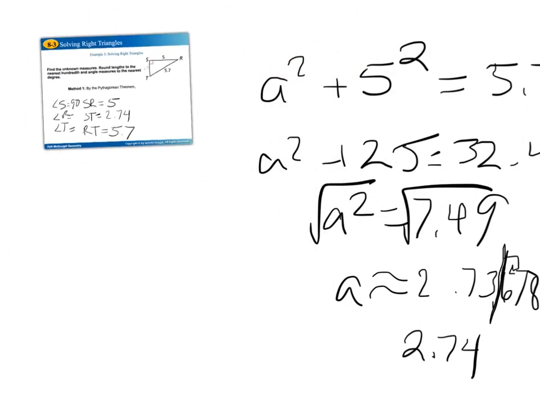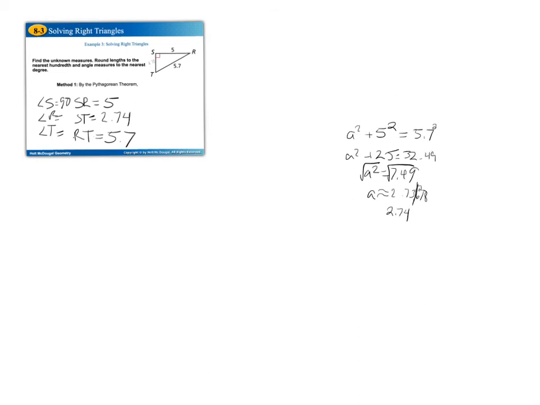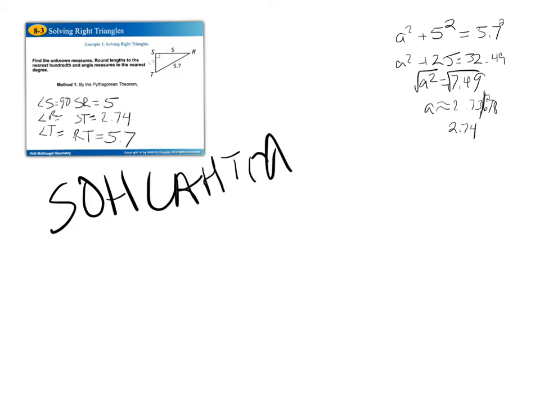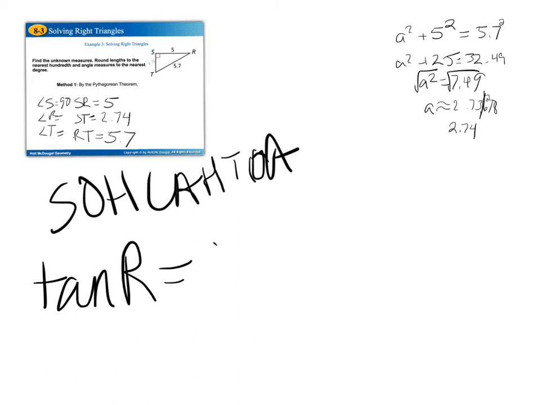All right, now I can find these angles. So now we're going to do the inverse. So I want to find R. I want to find the measure of this angle. So using SOHCAHTOA, I can find angle R. I'm going to go ahead and use tangent. I need to find the tangent of R, which is opposite over adjacent.